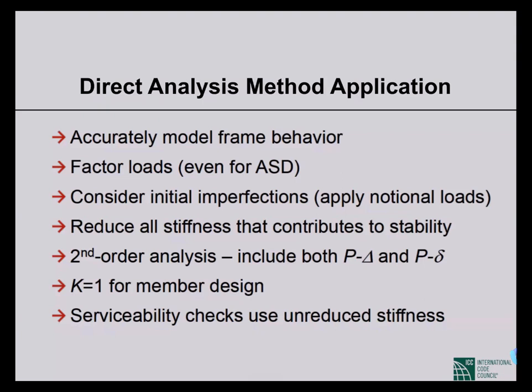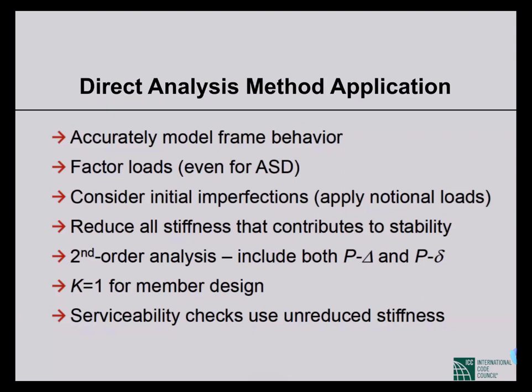So if we want to follow ASD method, that's the problem here in direct analysis method. Even the ASD load combinations, we have to factor with 1.6 because at the end we'll divide the results with 1.6.